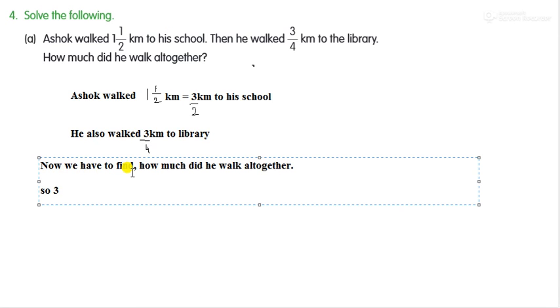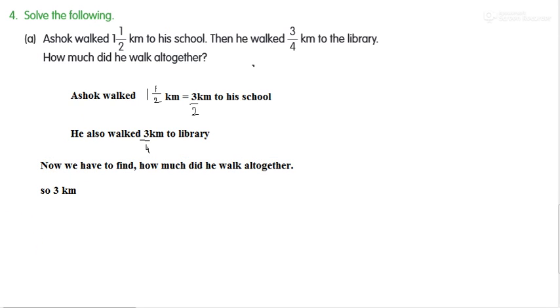Now here we have to find out how much did he walk altogether. So here 3 by 2 kilometer plus 3 by 4 kilometer equals, now here the denominators are different.